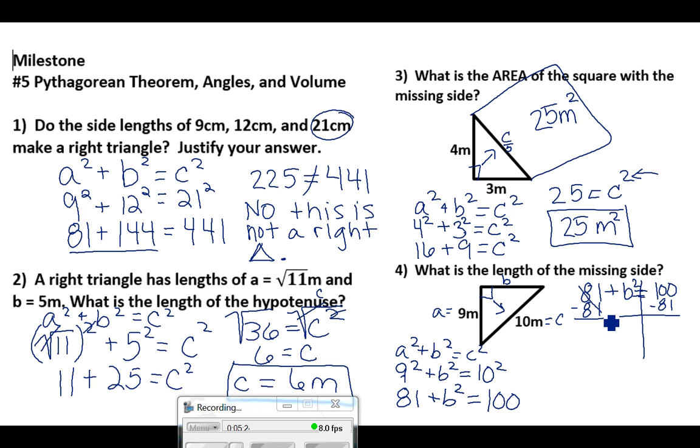I can bring down the b squared, and that's going to equal 19. I need to take the square root of both sides, which cancels those out. And b is going to be the square root of 19, or approximately 4.4 meters.